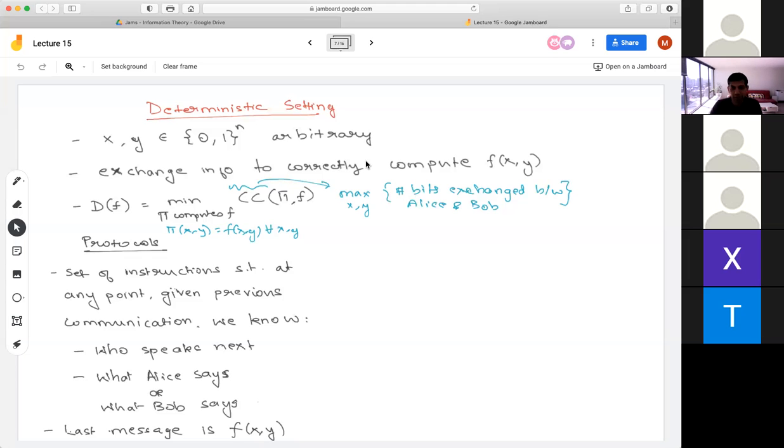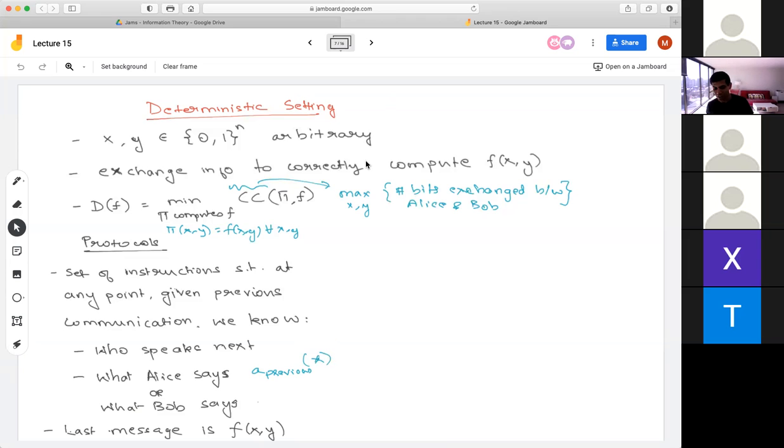Okay. And if they know that at the next time Alice is going to speak or Bob is going to speak, then we can say that what Alice will say is known as a function A, which depends on the previous communication and can depend on Alice's input.